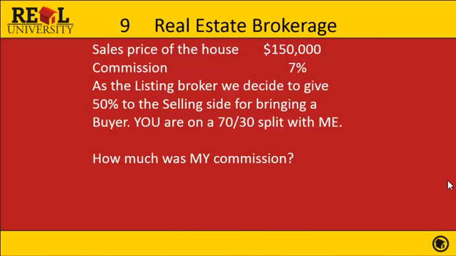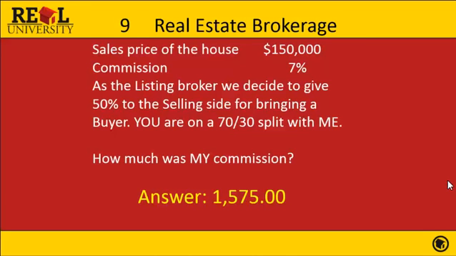So the answer would be, for the 70 part, 73.50. Here's one of the other trick questions.